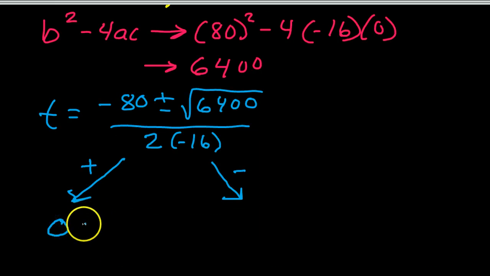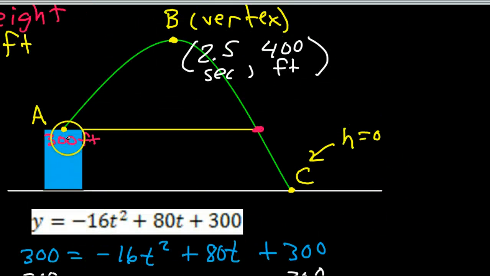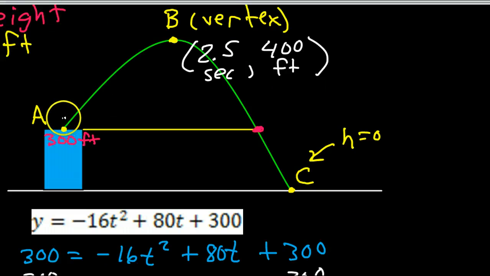Okay, 0 seconds. We knew that would happen because, like I said, if we're talking about 300 feet, that's the height of the building. So it starts out at 300 feet. So of course, that initial time is 0 seconds.